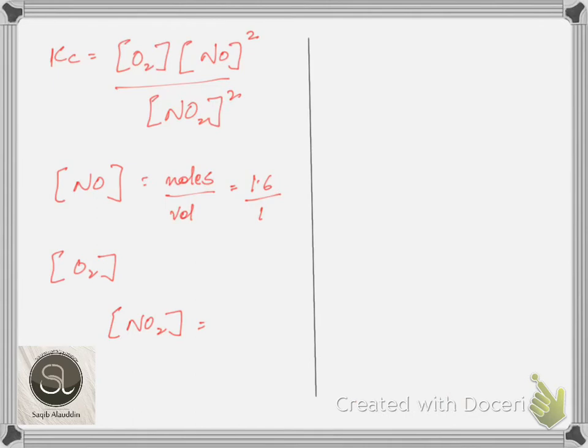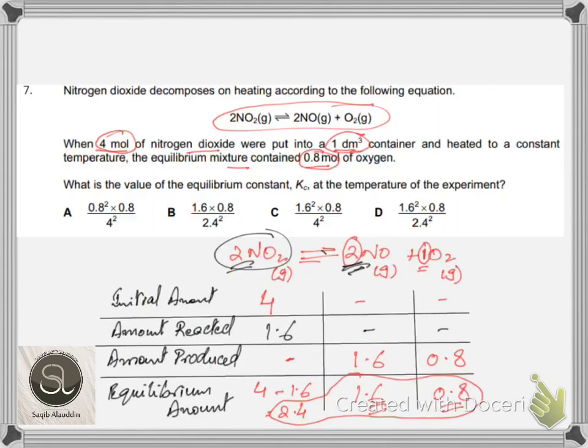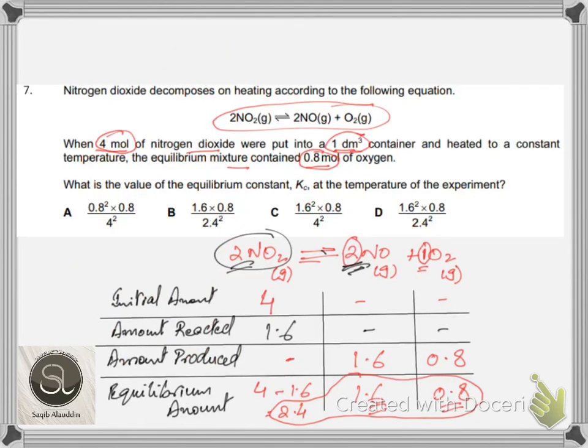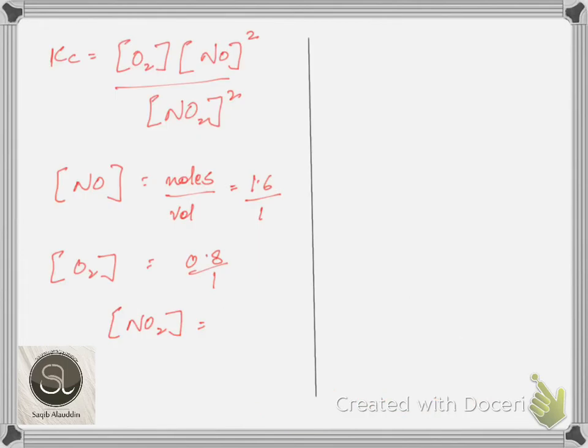Okay, so this is 1.6 upon 1. For O2, this is 0.8 upon 1. And for NO2, it's 2.4 upon 1. Now you can see you can leave out 1 because when you divide something by 1, it remains the same.